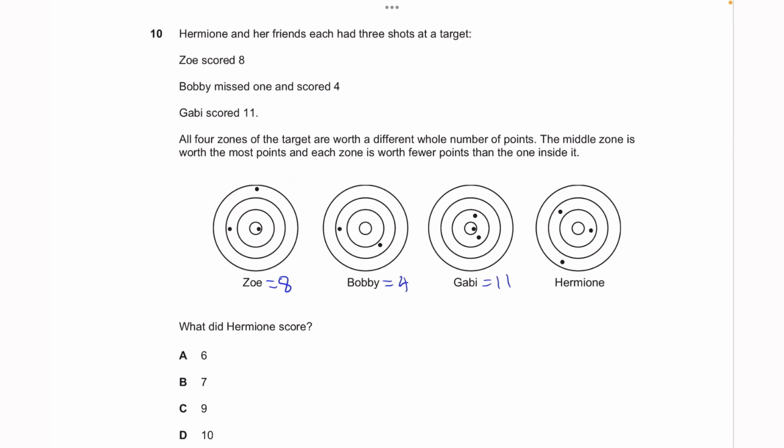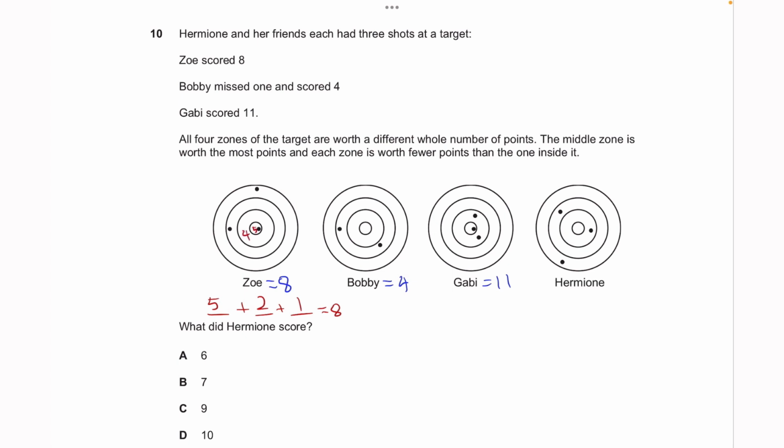And so if we have a look at Zoe's, let's imagine the outside to be different combinations to get to 8 with 3 numbers. It could be 5 plus 2 plus 1. Okay, and so if we have a look, 5 plus 2 plus 1 gives us 8. And so we can assume that the middle section is 5.